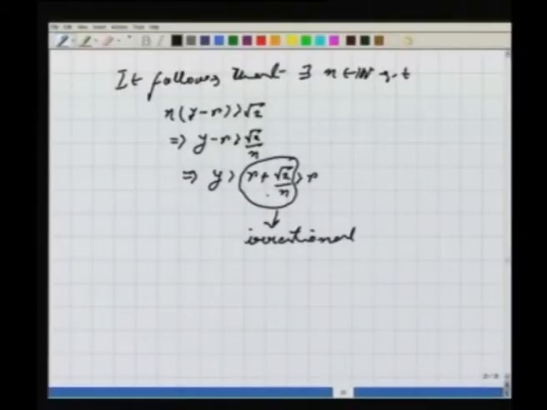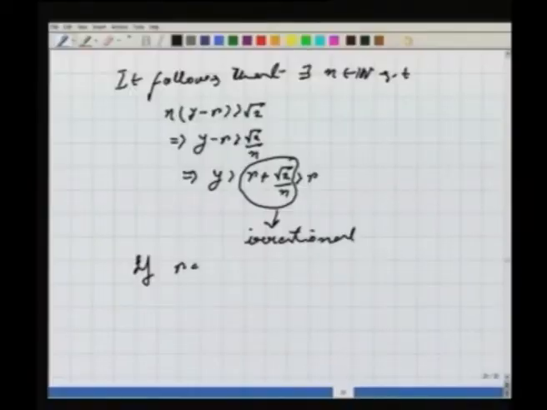If I multiply two rational numbers, I am still inside the set of rational numbers. So, let us assume that this is not irrational. That means again I am using the opposite of what I am supposed to prove, and then I will try to get a contradiction out of it. That means my assumption is wrong.